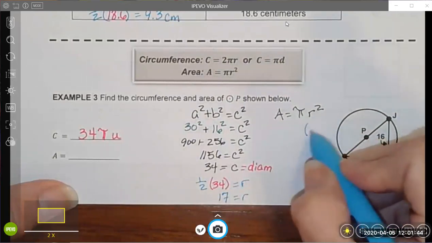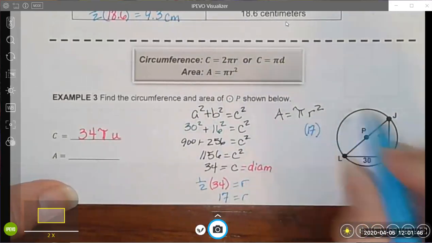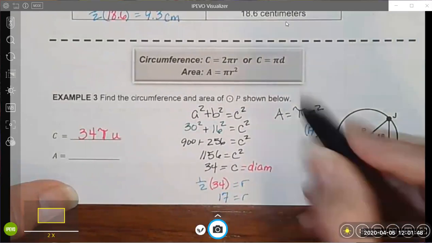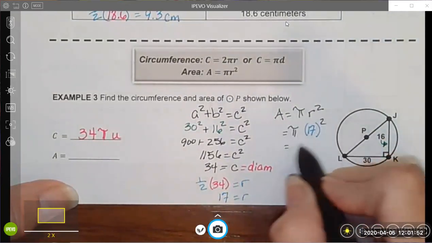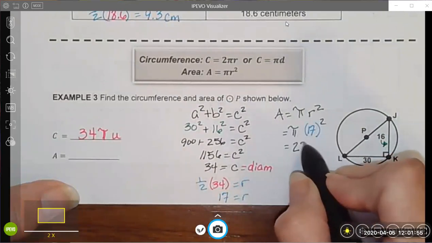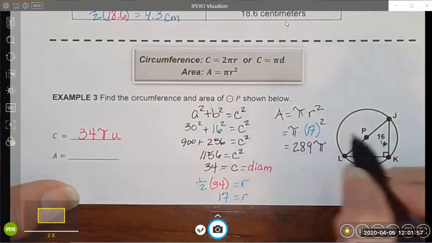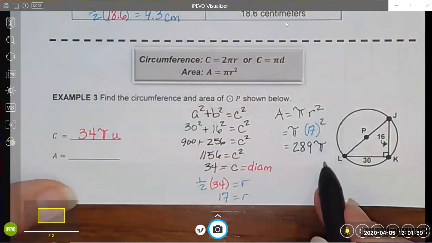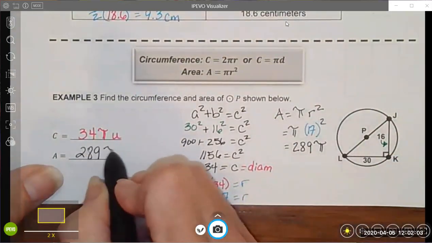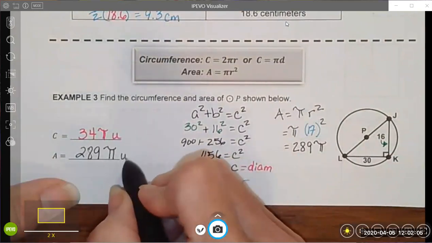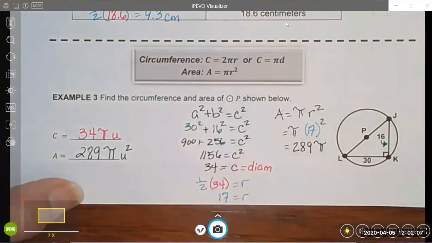I can substitute that into my formula, and I learn that the area is equal to pi times the radius squared, or 289 pi. We typically put the pi symbol at the end of our expression. Area is always expressed in units squared.